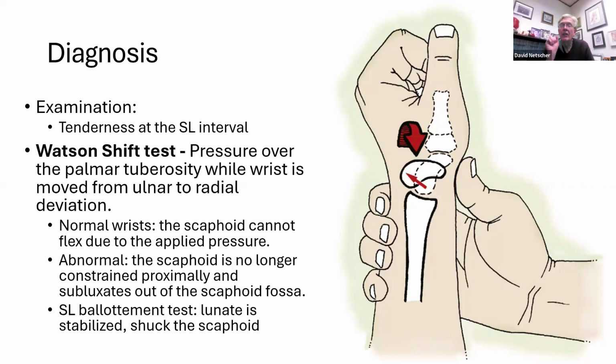And the reason the scaphoid has to move is because as you go into radial deviation, if you remember that inclination of the radius, the scaphoid gets pushed up against the radius. It's got nowhere to go, so it goes into flexion. However, that's governed by the strong tension between the lunate and the scaphoid in that scapholunate ligament.